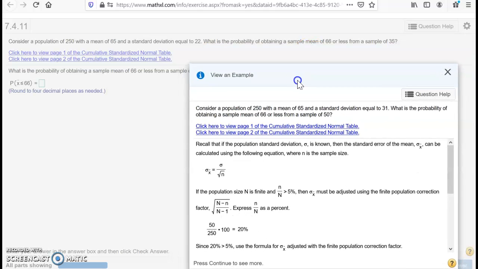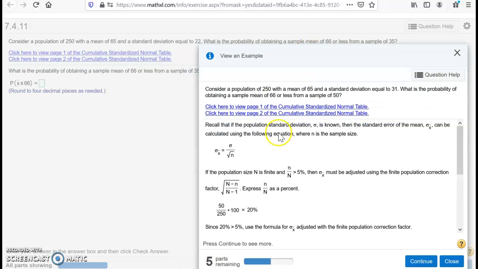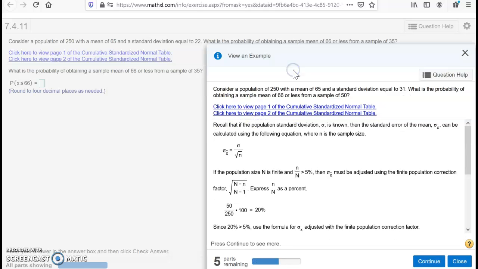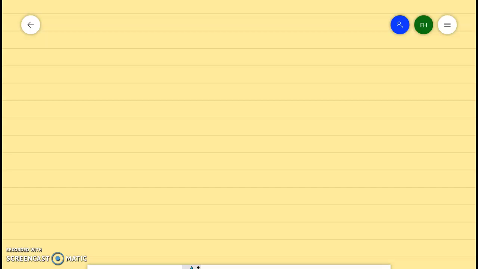So the first thing you want to look at for this one is, is the population standard deviation known? And it is. So let's look at some of our variables here.